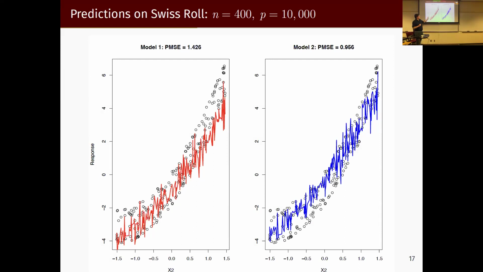And this is the same example from before. But now we're making predictions where P starts at 10,000, we multiply it on the outside by a random projection matrix, a sketching matrix, take it down to P of about 60, and then run it through the Gaussian process regression. And now our results are better.